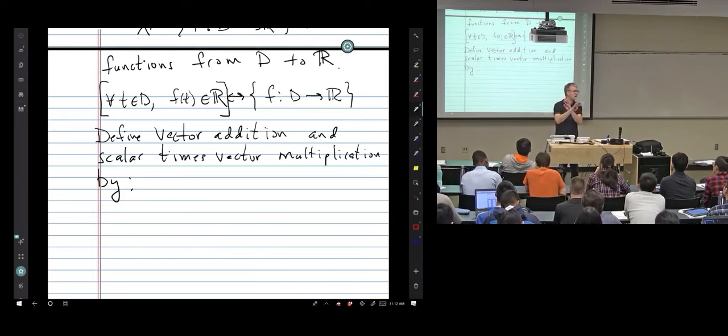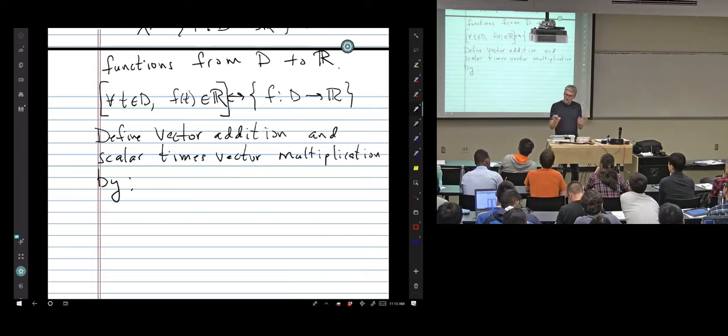I believe you guys know how to add sine of x to e to the x and stuff like that. I totally get it. But what I want to do is more fundamental.